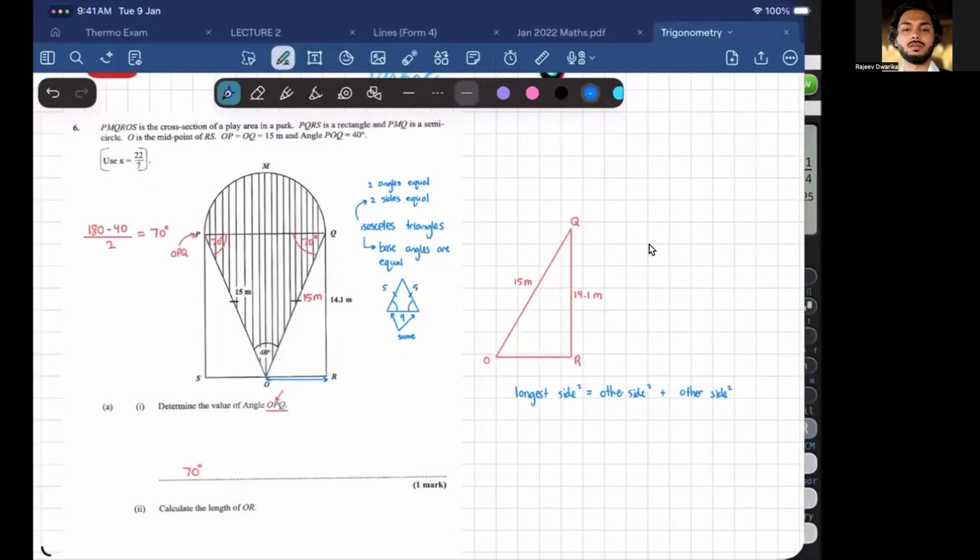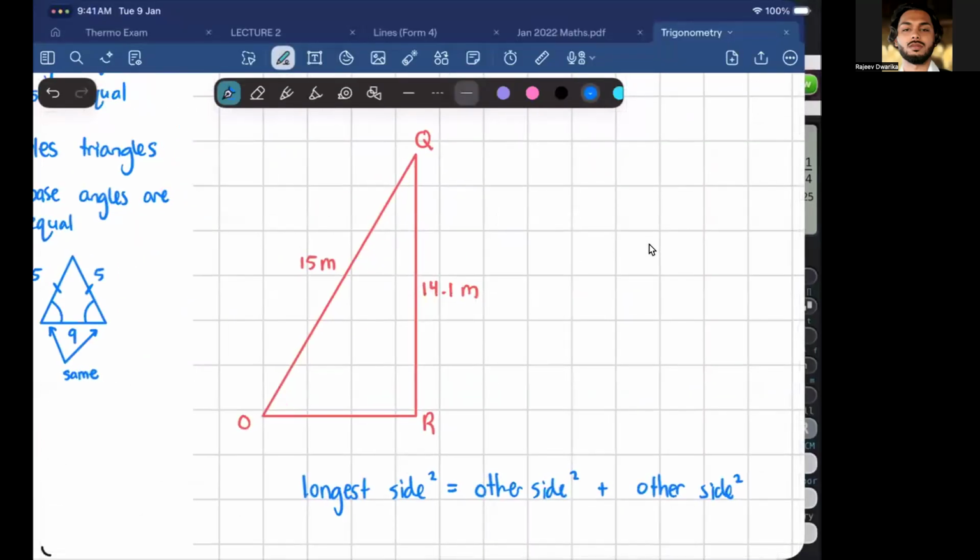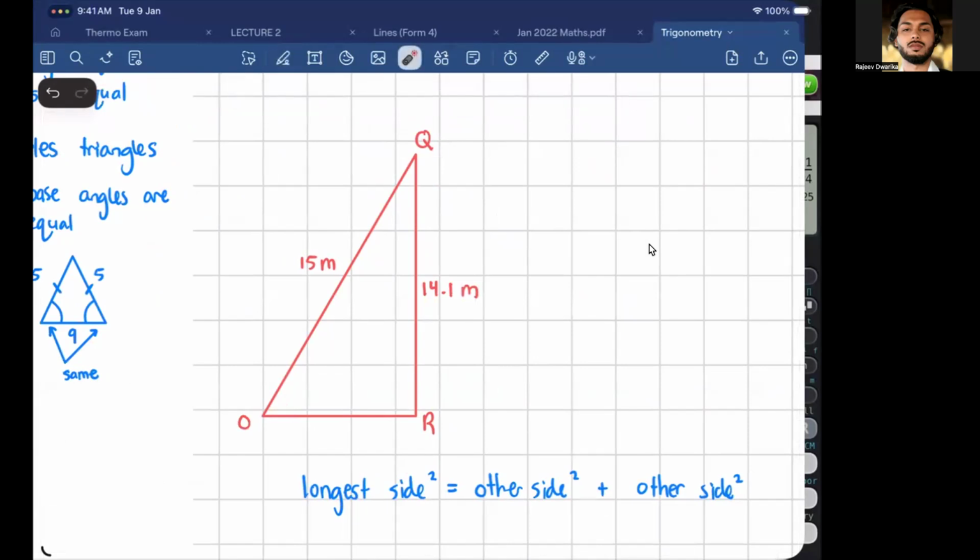The hypotenuse. Okay, you're being very general there. The hypotenuse is the longest side for any triangle, but be specific. Is it OR, is it RQ, or is it OQ? OQ. It is OQ.